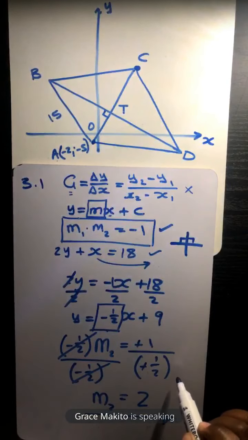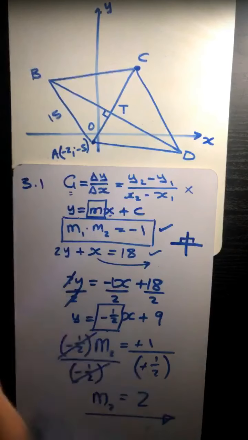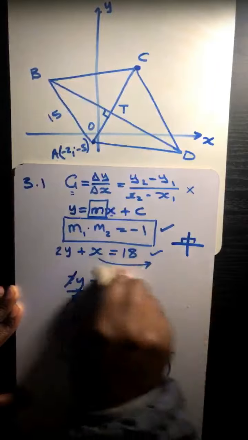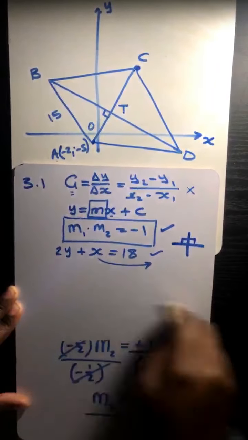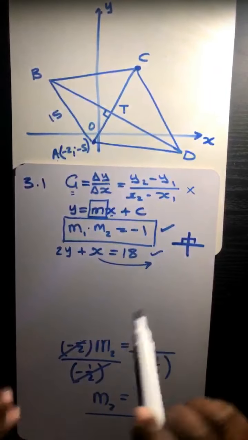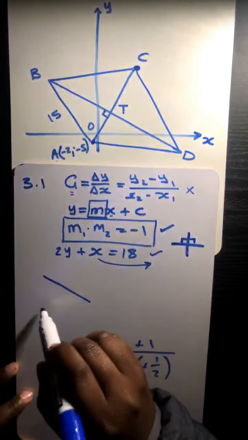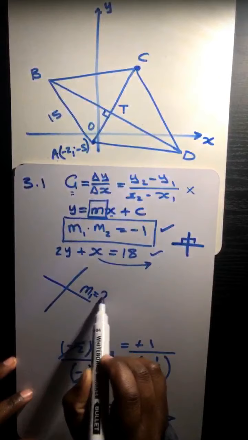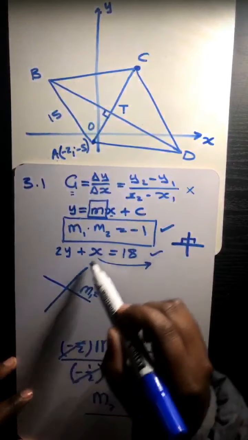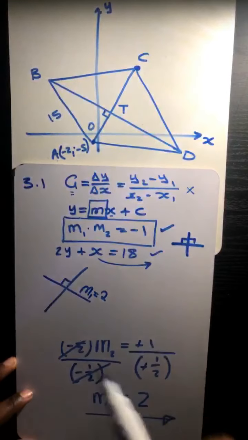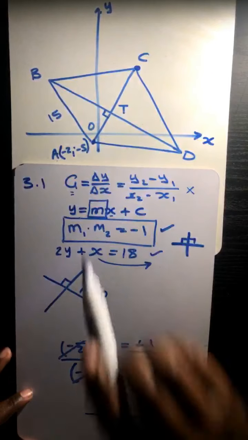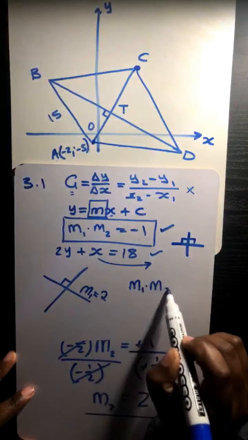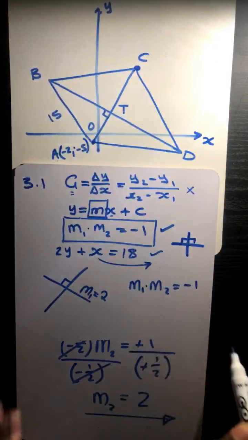Okay. Let me quickly give an example there, Grace. I'll just remove all of this. Let's say we've got 2 lines crossing like that, and the gradient of this one is 2, but we don't know the gradient of that one, but we know the 2 lines form sefapano. So the formula says the gradient of line 1 times the gradient of line 2 is equal to -1.